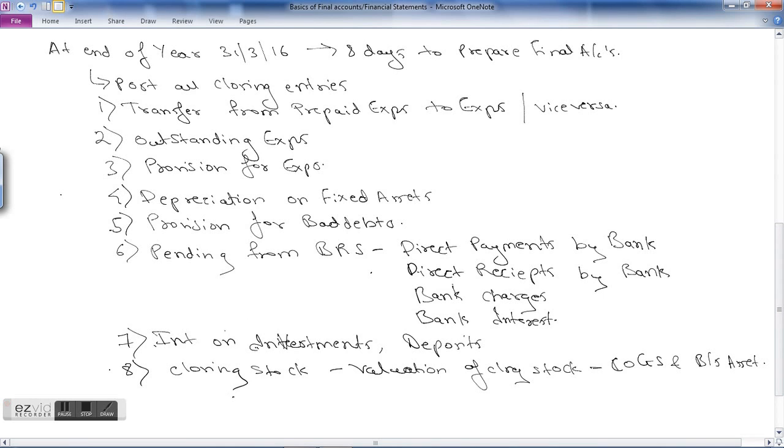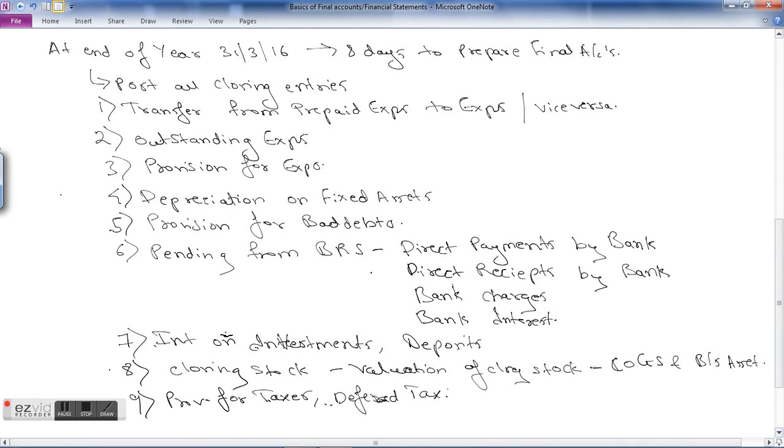Then your provision for taxes, then deferred tax. There may be some more entries which need to be posted apart from this.